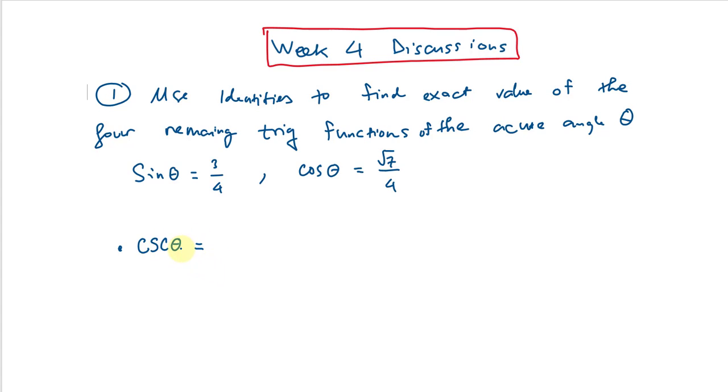Cosecant of theta, remember, cosecant is 1 over sine. And we know that sine is 3/4. So you can flip that, you will get 4/3. Okay, that's for cosecant.